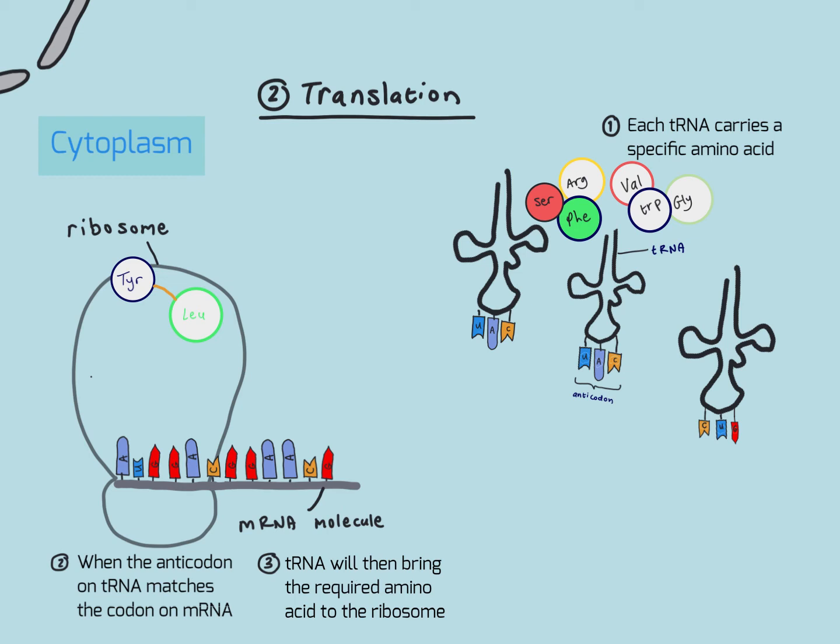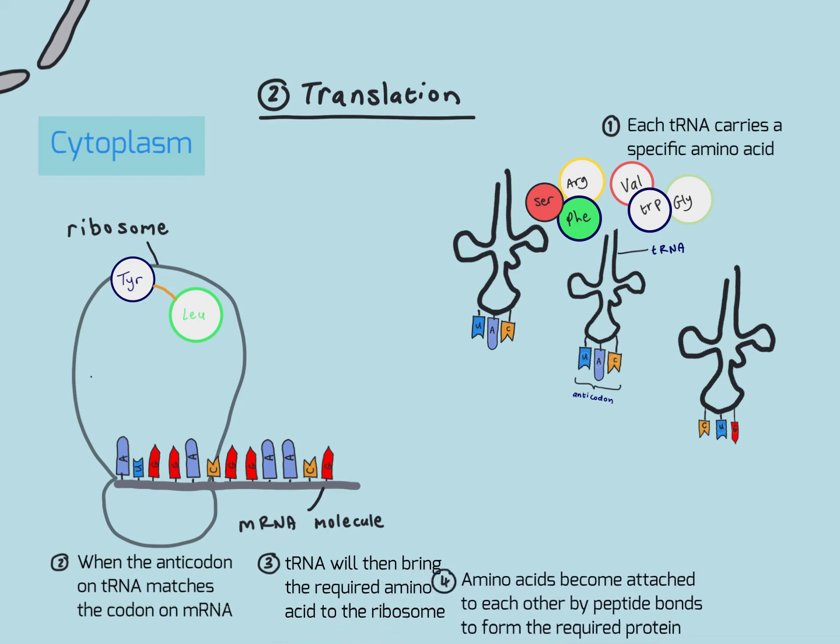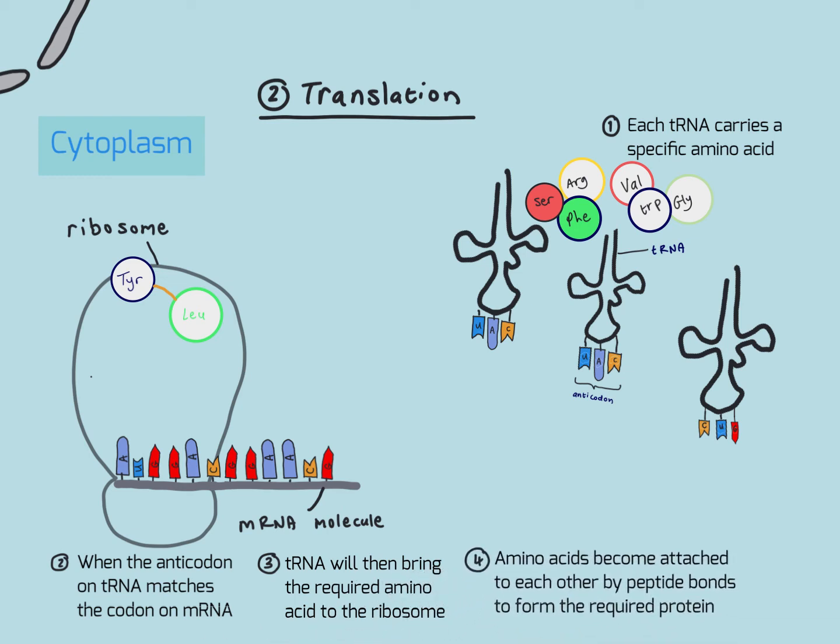So that would be our next step in protein synthesis, that the amino acids become attached to one another by peptide bonds. So this process will happen many, many times throughout the entire mRNA molecule. Eventually, you will end up with a chain of 50 different amino acids. Some of them obviously will be repeated, but this chain of amino acids will be 50 amino acids long.